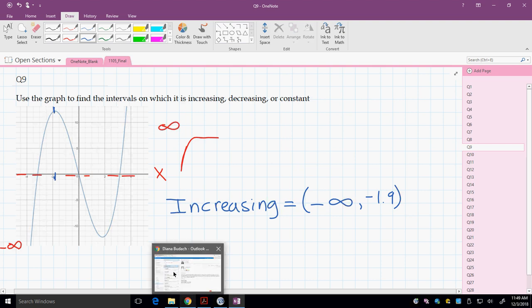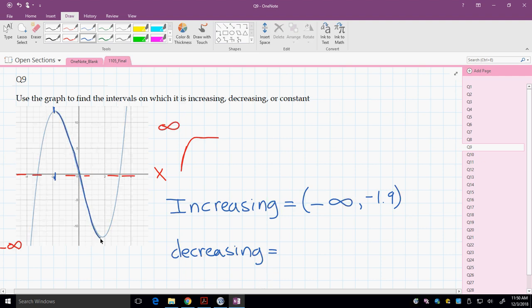Then it's decreasing from negative 1.9, going all the way down until here, which is about 1.9 on the positive side. So negative 1.9 all the way to positive 1.9. And then it starts increasing again from that same point.